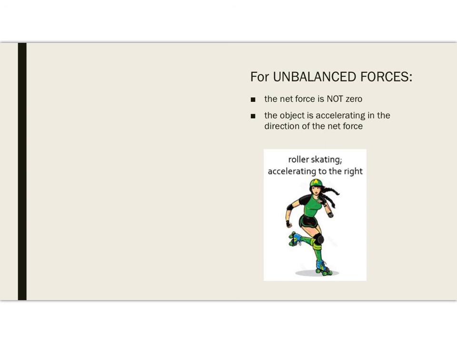So for example, we have this roller skater, this roller derby girl here, and she's skating and she's going to be accelerating to the right. So she's not moving at a constant speed, she's getting faster and faster as she goes to the right. A free body diagram for that might look like this. So again, we've got the gravity and the normal force.